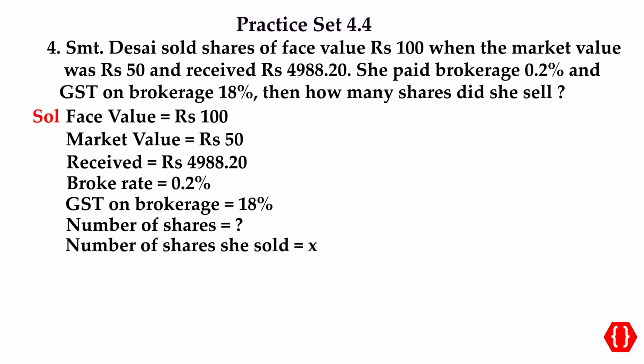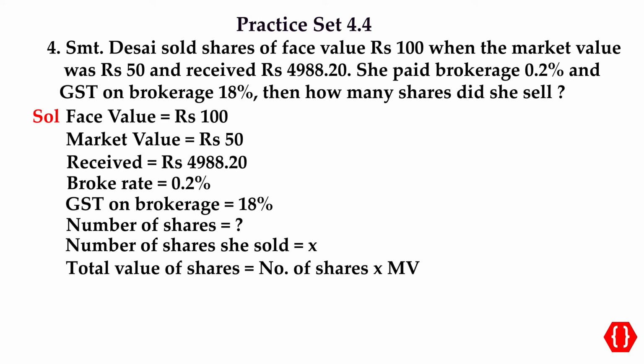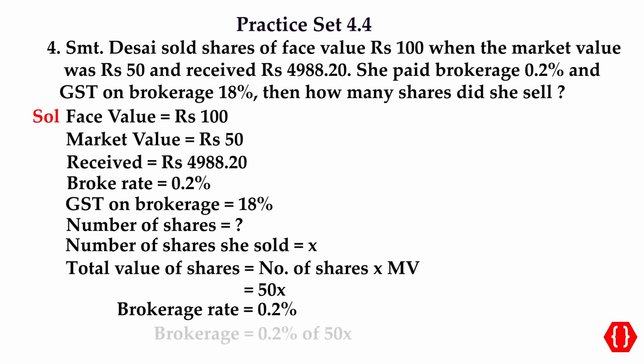Let us consider the number of shares she sold equals x. The total value of shares is number of shares multiplied by market value. We get 50x because number of shares is x and market value is 50. Now the brokerage rate is 0.2%, so brokerage is 0.2% of 50x.